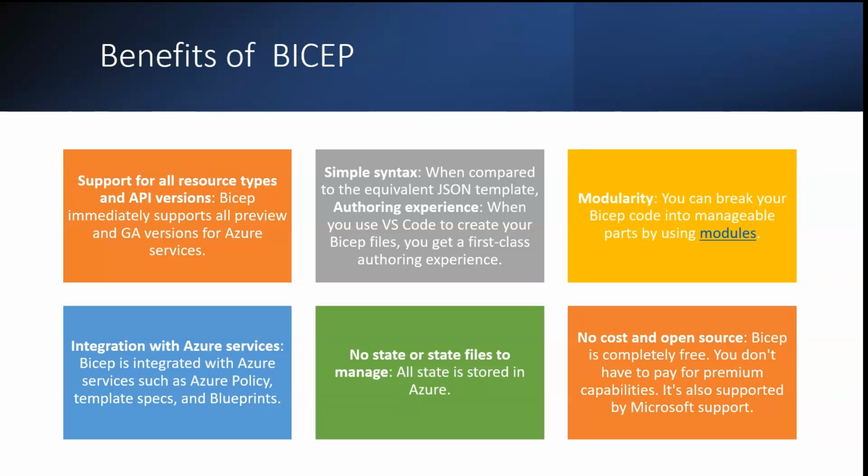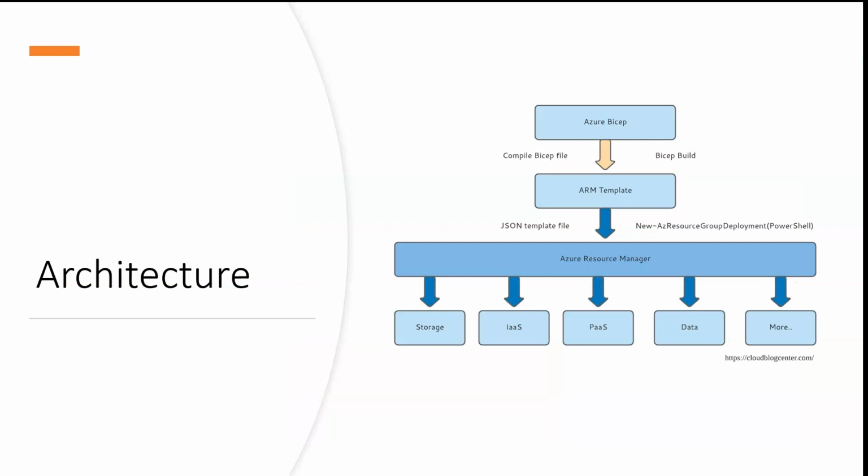Okay, so let's see the architecture. Under the hood, it is ARM templates only. What there is, is Azure Bicep. You write the template, then Bicep build will compile the Bicep file and convert it to ARM templates under the hood.